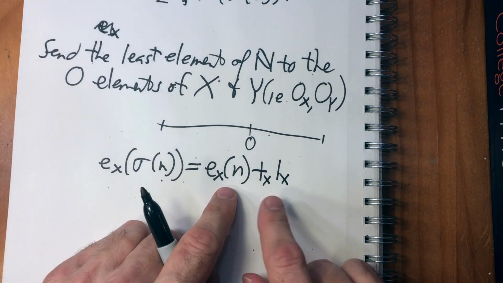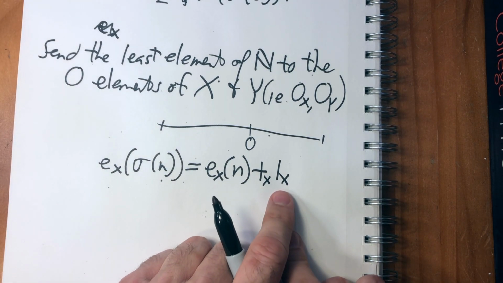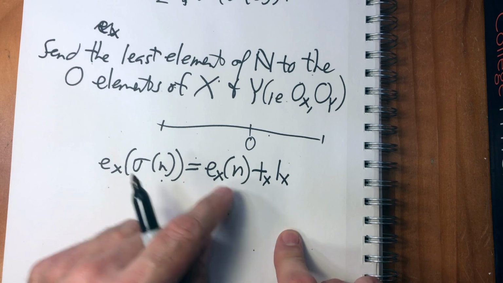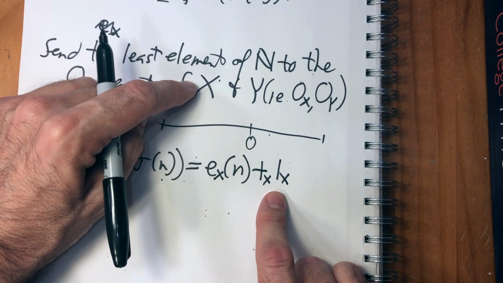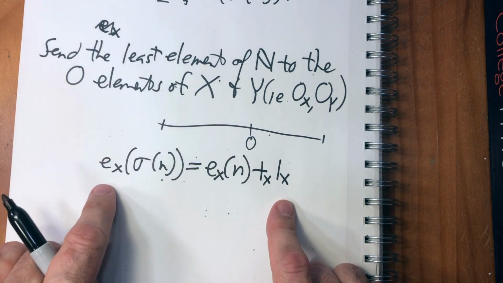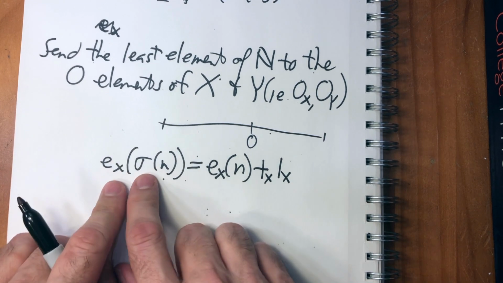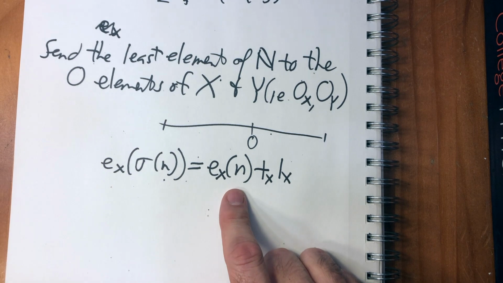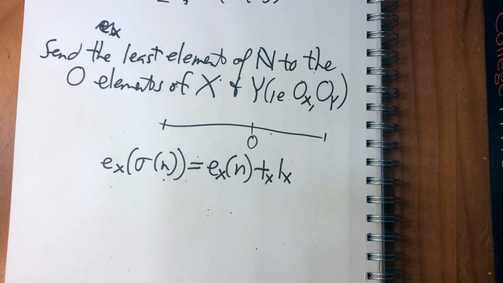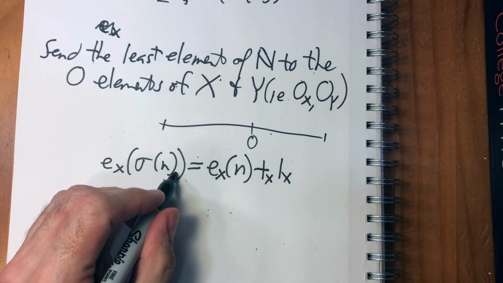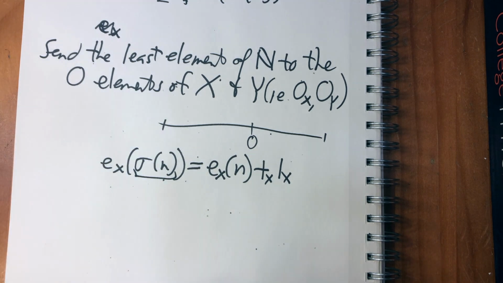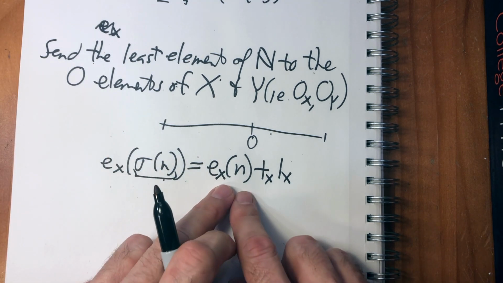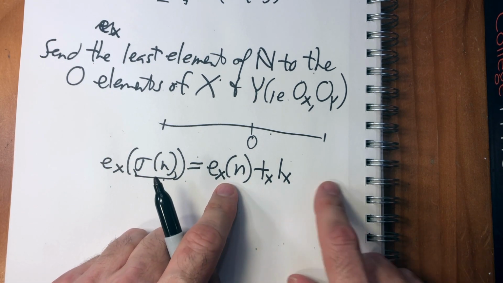Then if we add the multiplicative identity to that number inside x, that will be how we embed. That number will be associated with the successor to n. So what we're doing is associating the successor function in the natural numbers to the numbers in x.